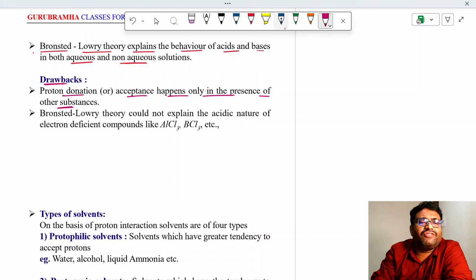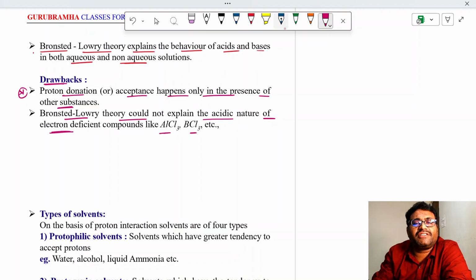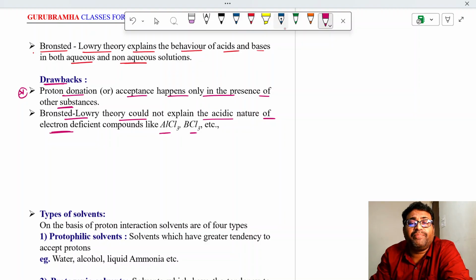So that is one of the drawbacks. Another drawback is that Bronsted-Lowry theory could not explain the acidic nature of some electron deficient compounds like AlCl3 and BCl3. The acidic nature of these compounds is explained by Lewis theory. We will learn that.